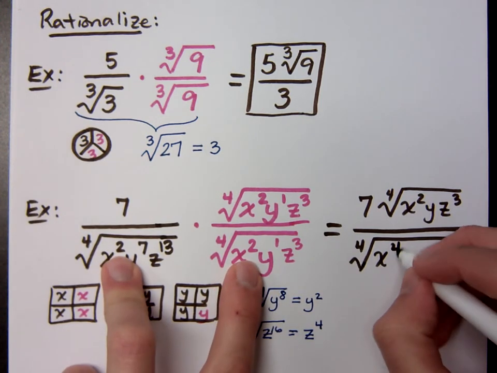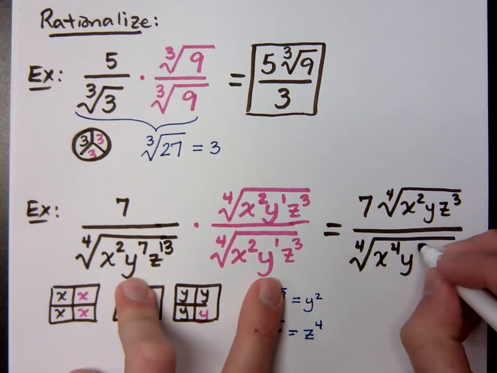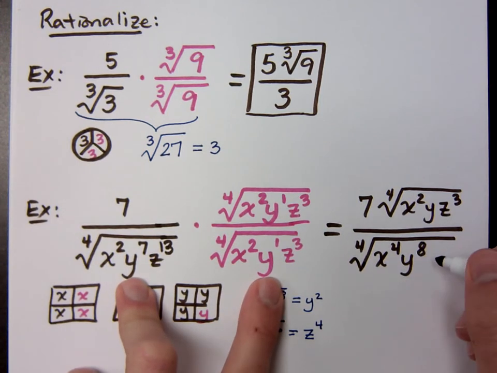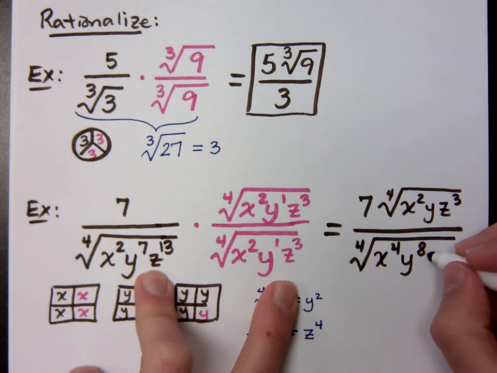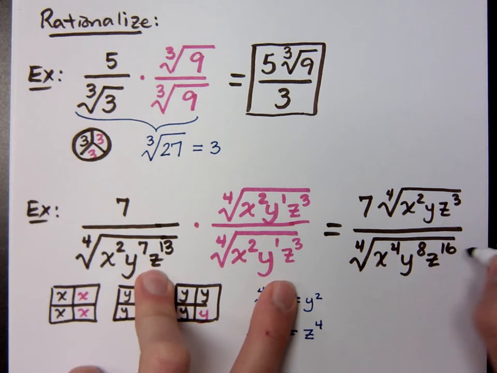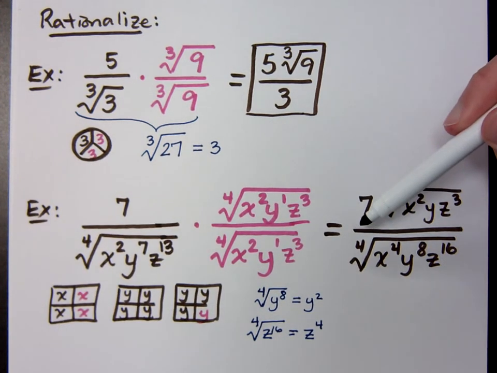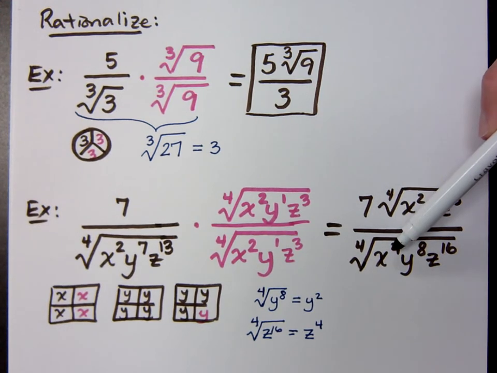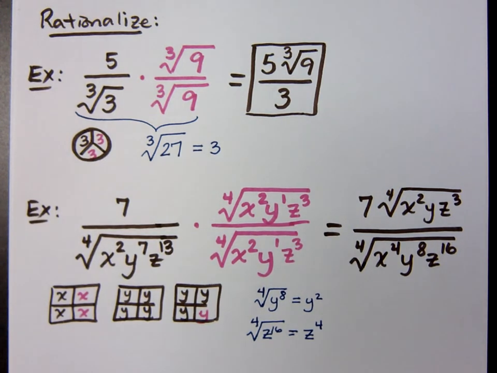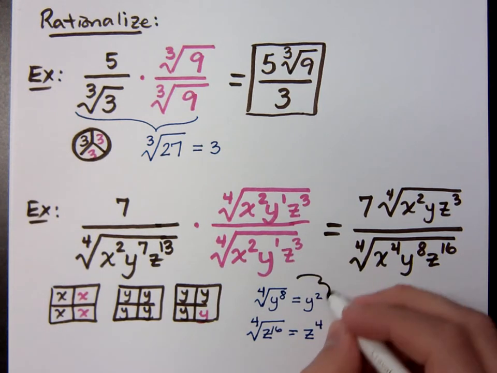I get x to the fourth, y to the 8th, 7 plus 1 is 8, and z to the 16th. When I look at my denominator here, I remember the shortcut way that I was simplifying these guys the other day. Does 4 go into 4 evenly? Does it go into 8 evenly? Mm-hmm. Does it go into 16 evenly? Mm-hmm. So I created something in that denominator that's going to simplify completely outside of that radical.